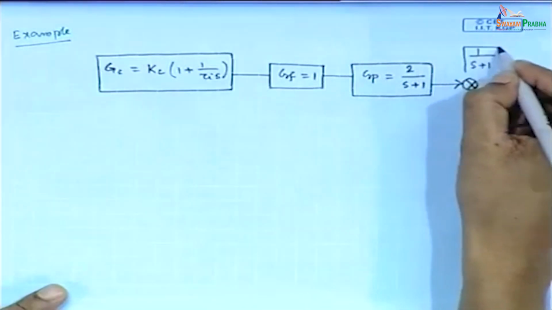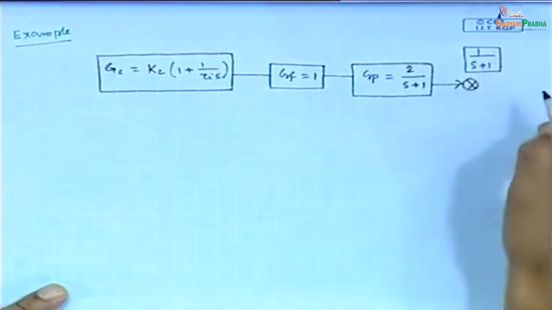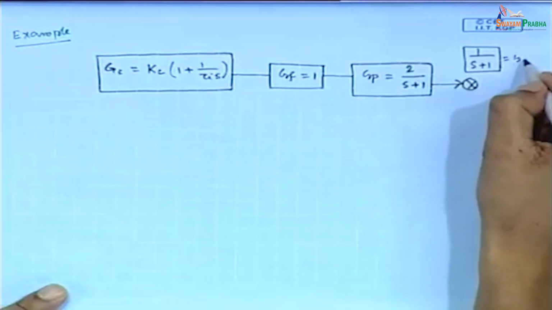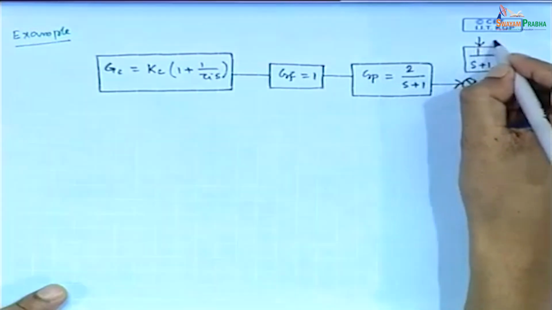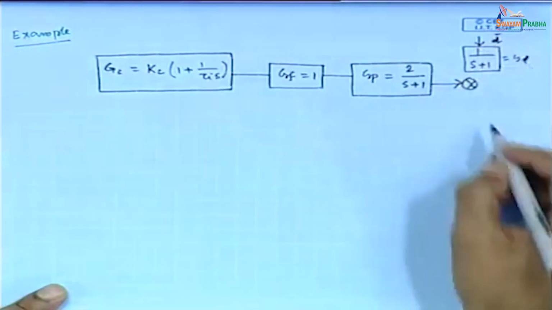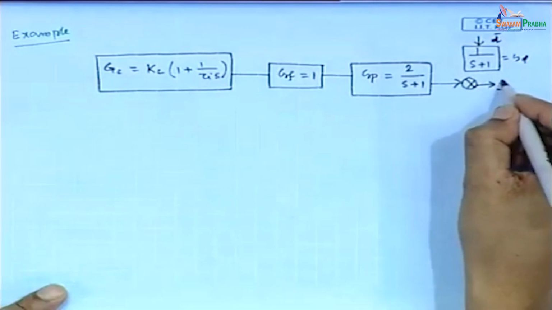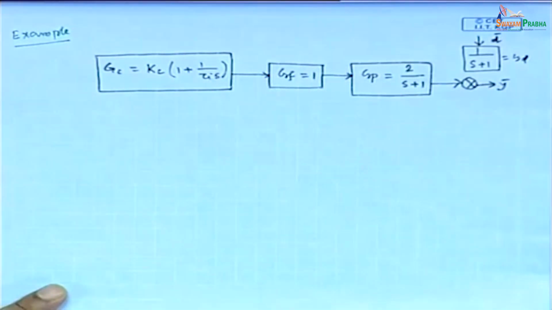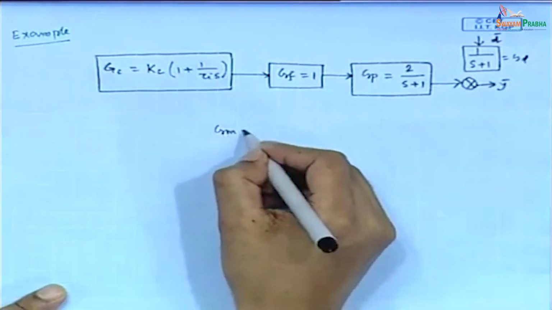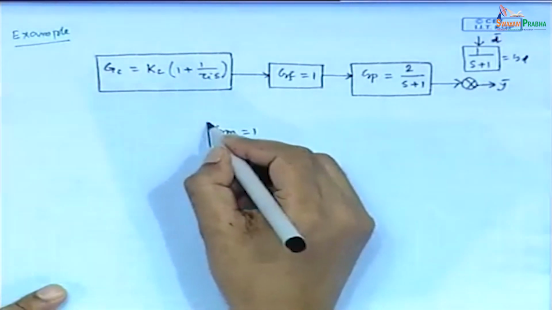This is the disturbance block, equal to Gd. Output is y bar. For simplicity, again we are considering Gm equals 1.